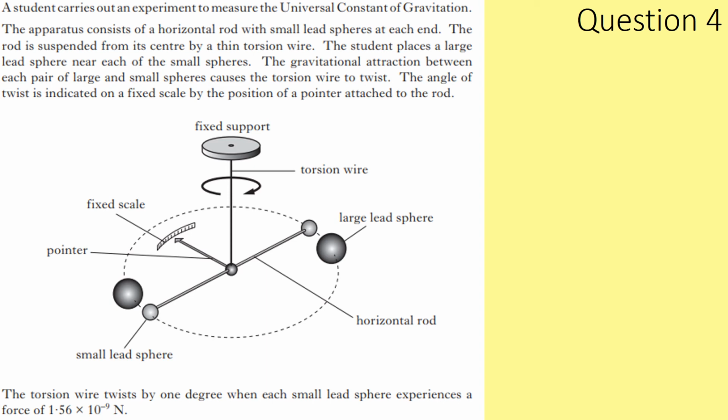The gravitational attraction between each pair of large and small spheres causes the torsion wire to twist. The angle of the twist is indicated on a fixed scale by the position of a pointer attached to the rod. We're told that the torsion wire twists by 1 degree when each small lead sphere experiences a force of 1.56 times 10 to the negative 9 newtons.